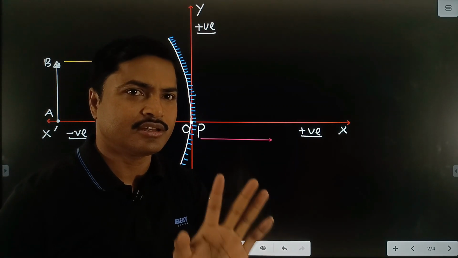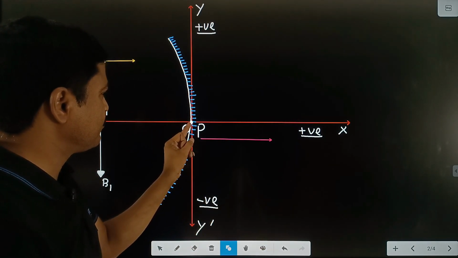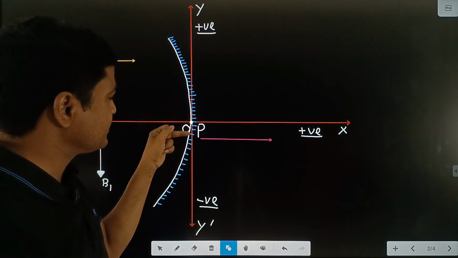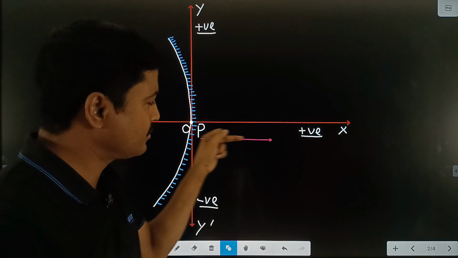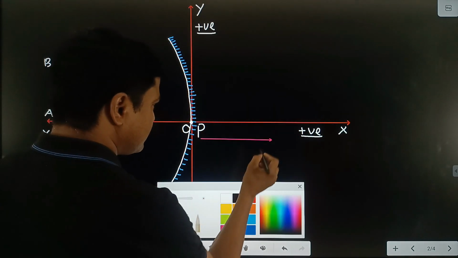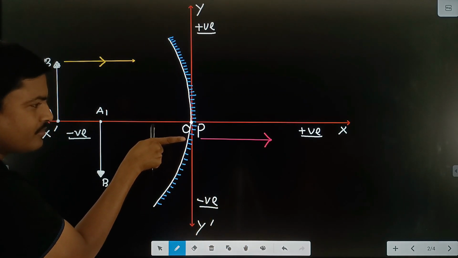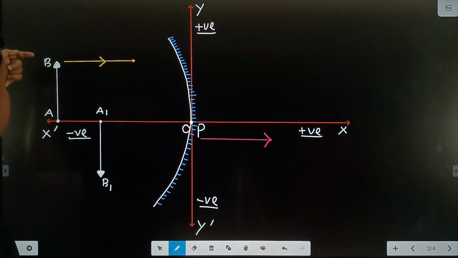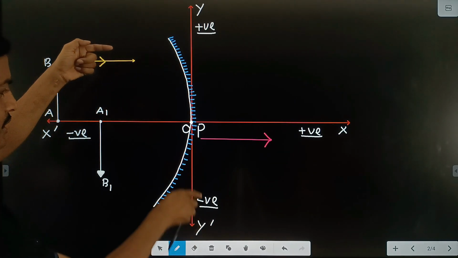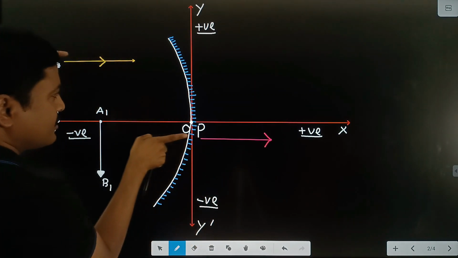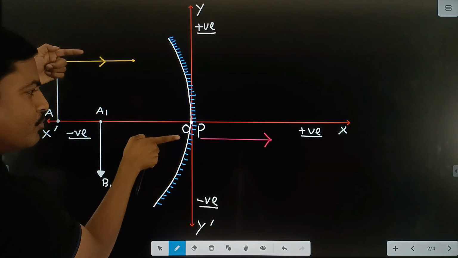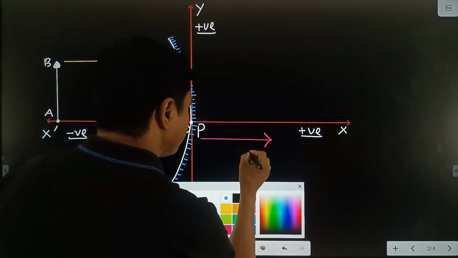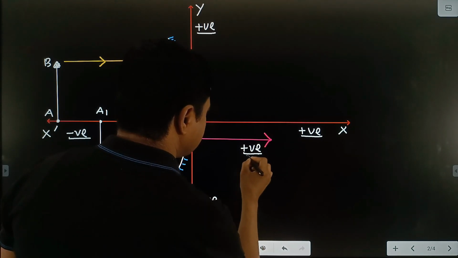Suppose we measure the distance always starting from the pole, in the positive x-axis direction. If the distance is measured in the same direction as the incident ray, that means both are in the same direction, then this distance gets a positive sign. Here the sign is positive.